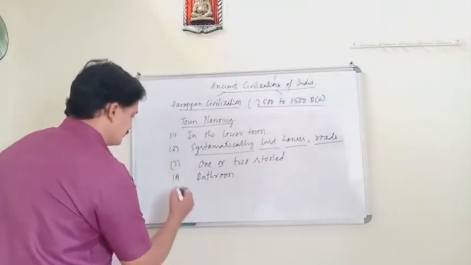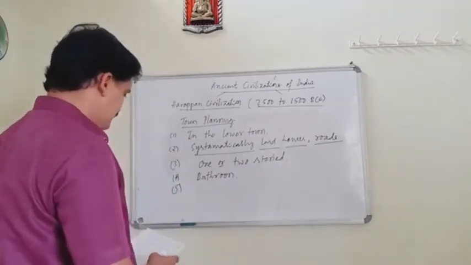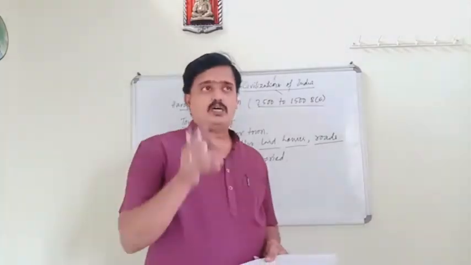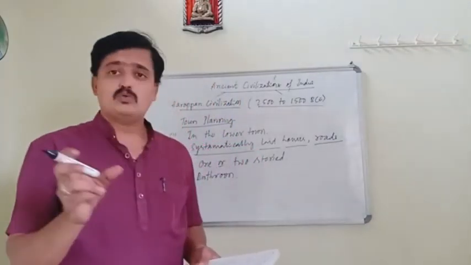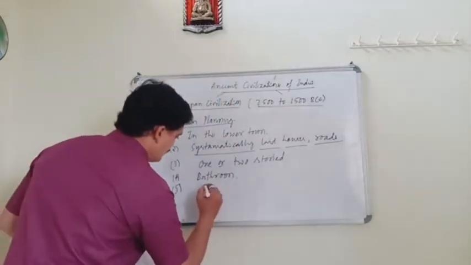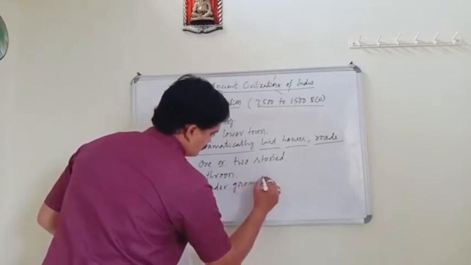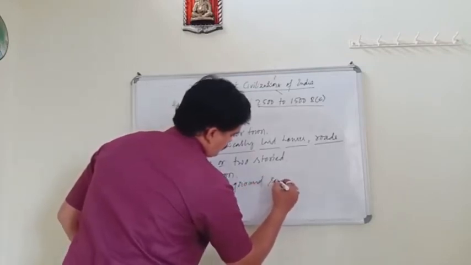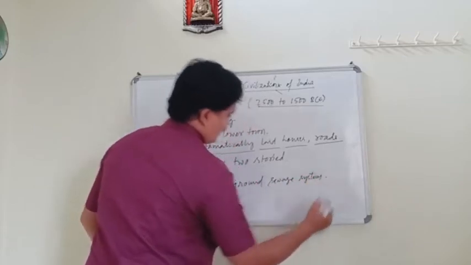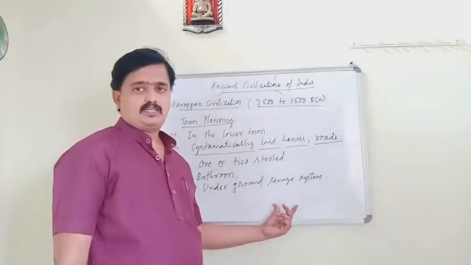That is also one of the features. And the fifth one is that these cities had a neatly laid out underground sewage system, which we also find in this town planning.